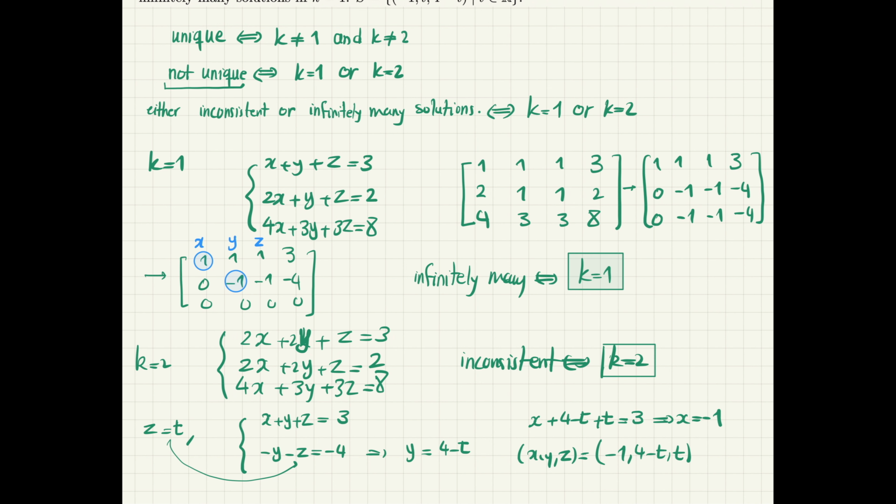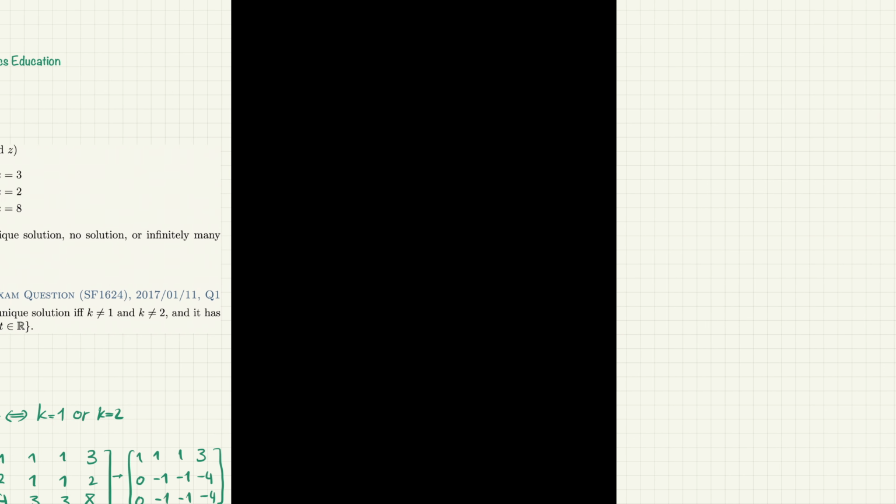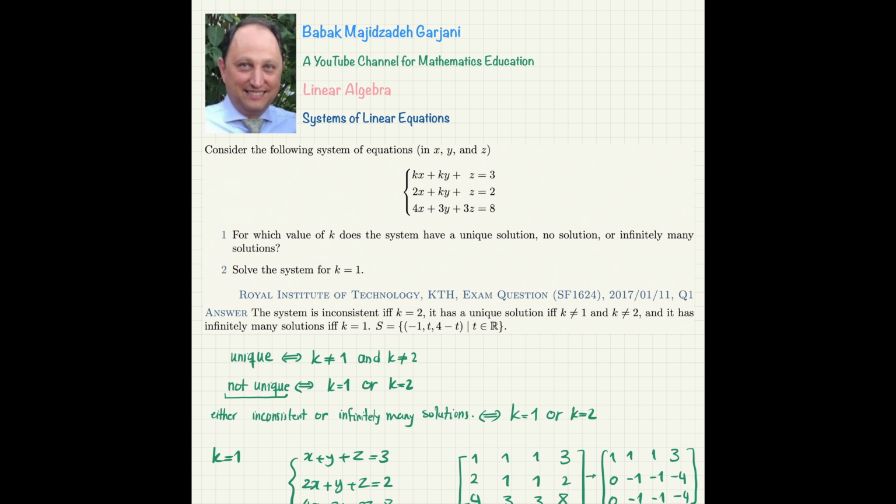Even if I want to discuss a little bit more about this problem, an alternative way of solving this problem would be this. Okay, so let me take this one with me so that we can have it in front of our eyes.